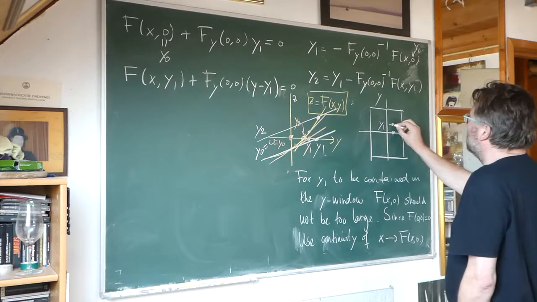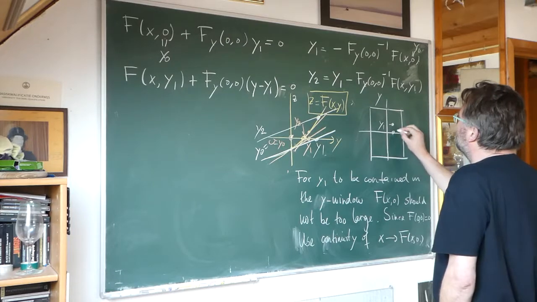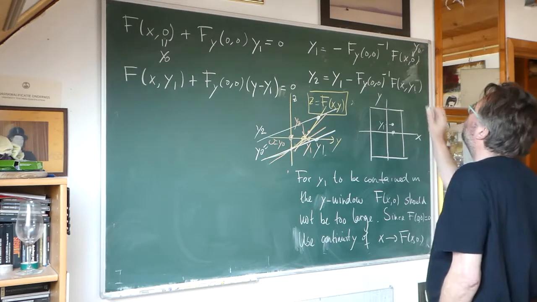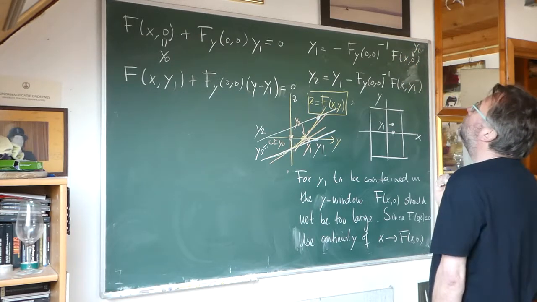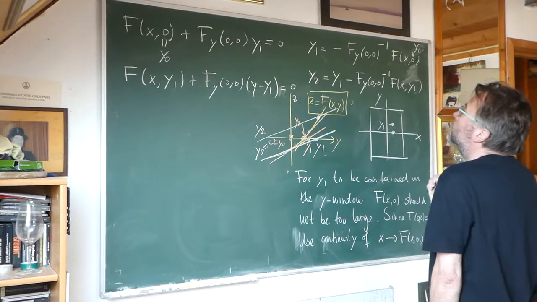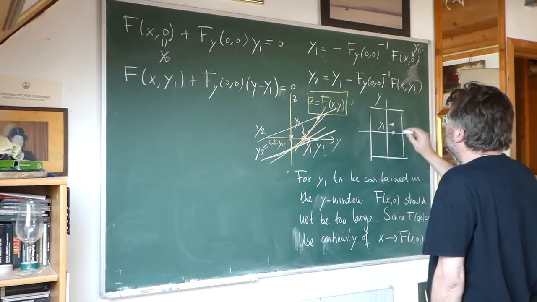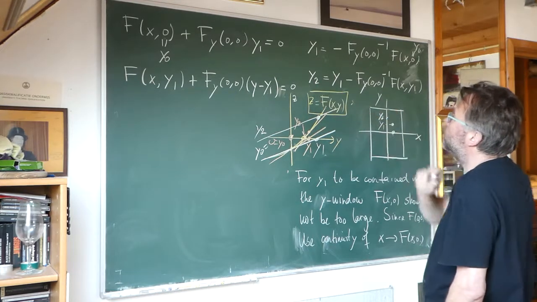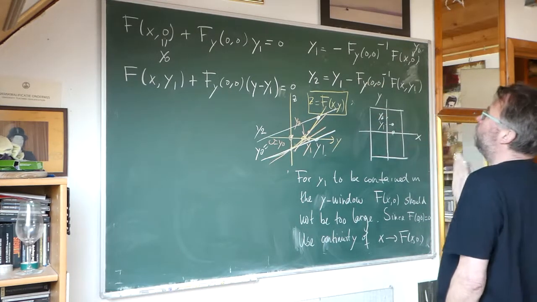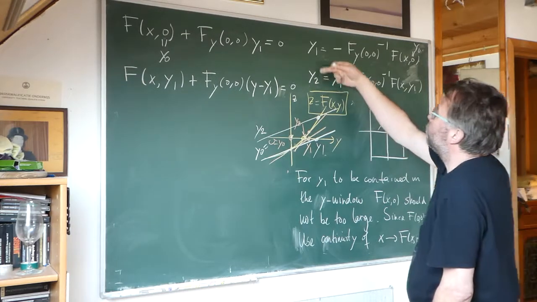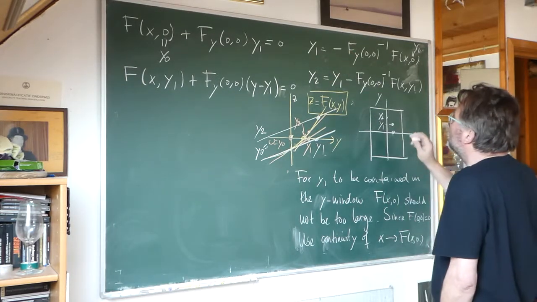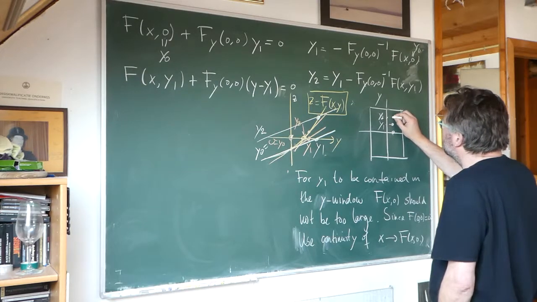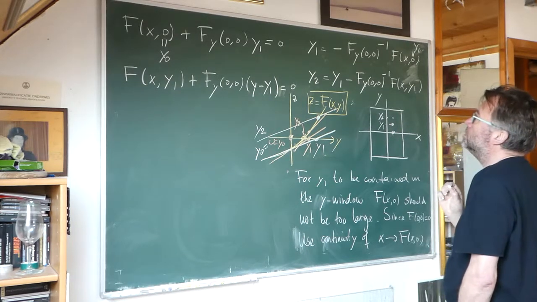Now the idea is that if I have my y1, which is controlled by this function here, then I can try to estimate y2 using this formula, but I can also subtract these two and try to estimate the difference of y2 and y1.